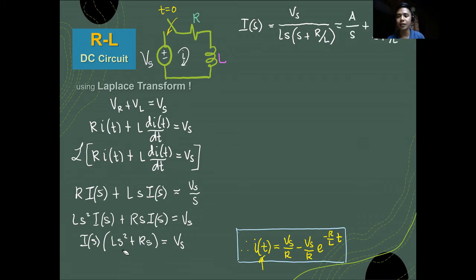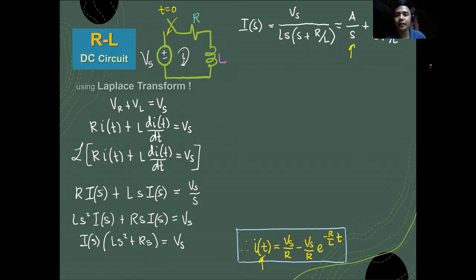So you will have this form: A over s plus B over (s plus R/L). This is what we call partial fractions, so that if you inverse Laplace going back to the time domain, it is easier than with the other form. Later on you will see how it is easier.